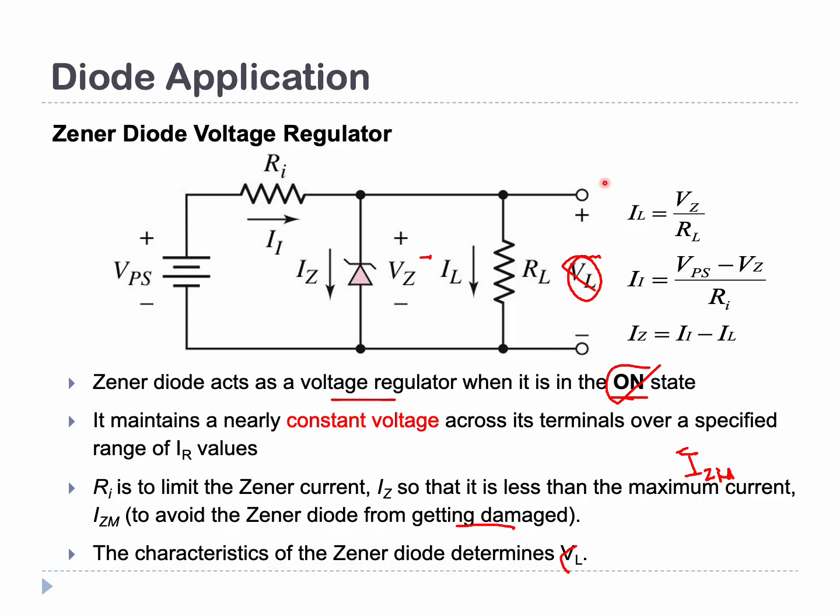We also know Kirchhoff's current law, KCL. Sorry about the handwriting. Kirchhoff's current law says that in this case, I1 equals IZ plus IL. So this formula is derived by applying Kirchhoff's current law.